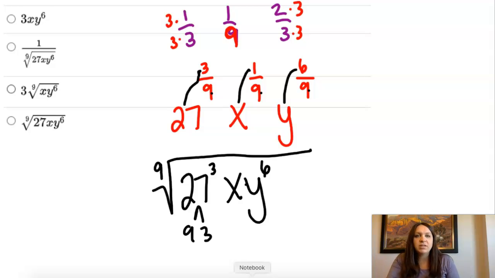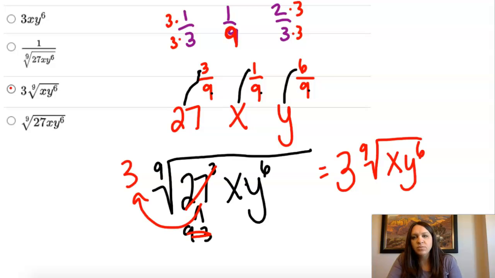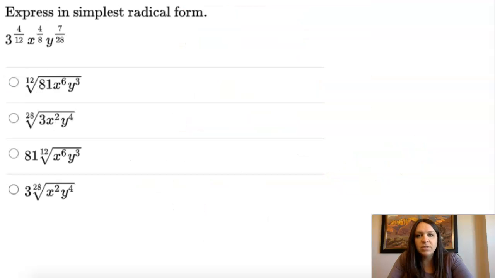So this actually simplifies to a 3 outside the radical, and I'm left with the 9th root of x, y to the 6th, which is this one. Alright, so let's do another one of those.